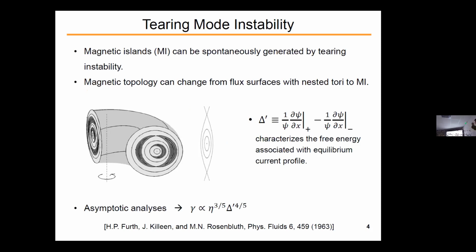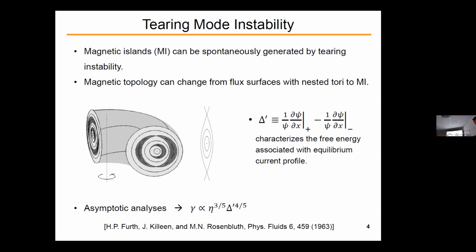So, tearing mode instability: the magnetic island can be spontaneously generated by tearing instabilities and equilibrium current profile. If we choose the rational surface and the mode number, we can calculate a quantity called delta prime, which characterizes the free energy associated with the equilibrium current profile.